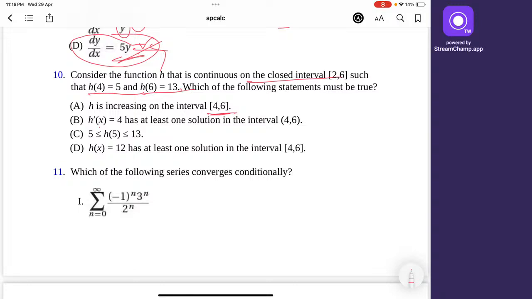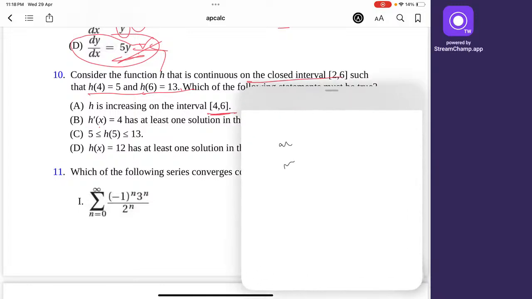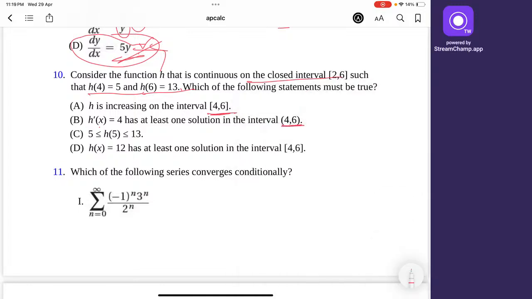h dash of x is equal to 4 has at least one solution from 4 to 6. So let's look at this option. We basically appeal to the mean value theorem. h of 6 minus h of 4 divided by 6 minus 4 is 13 minus 5 divided by 6 minus 4. 13 minus 5 is 8 over 2, which is 4.